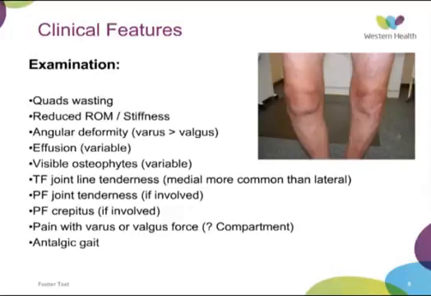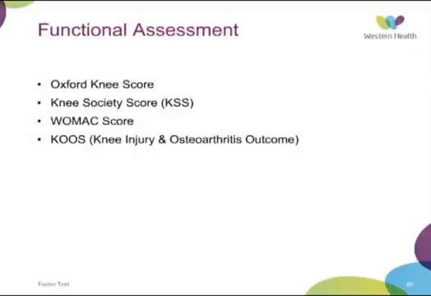They may complain of tibiofemoral joint line tenderness, whether it's medial or lateral, and also patellofemoral joint tenderness if that joint's involved. Joint crepitus, and also pain with varus or valgus forces when you range the knee, may indicate which compartment's involved, and they often have an antalgic gait.